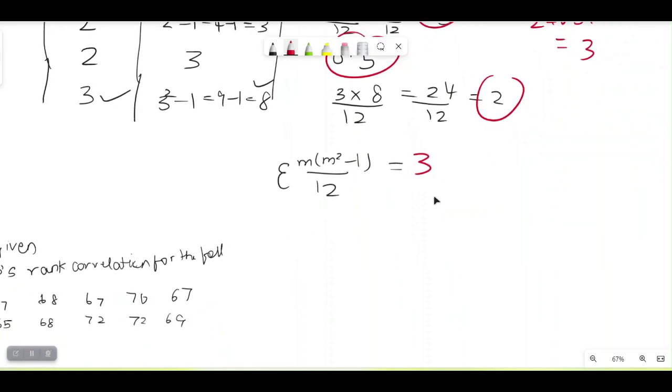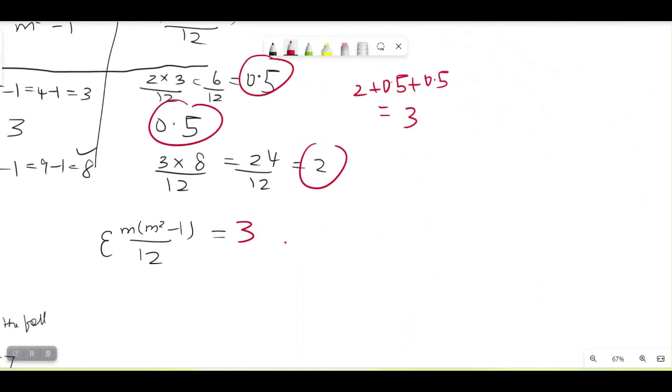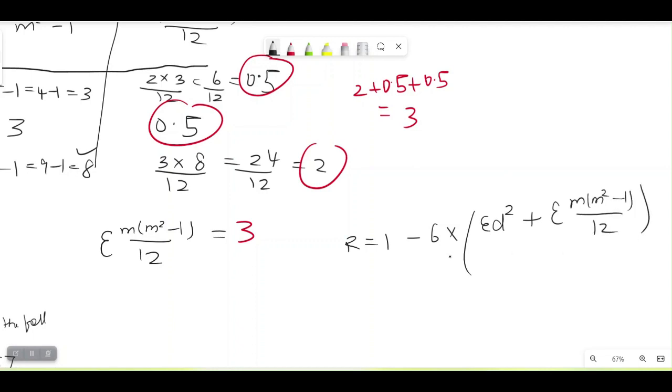Now we have everything to use the formula. So we directly use the formula. Our formula is capital R is equal to 1 minus 6 into sigma d square plus sigma m into m square minus 1 upon 12, and whole upon n into n square minus 1.